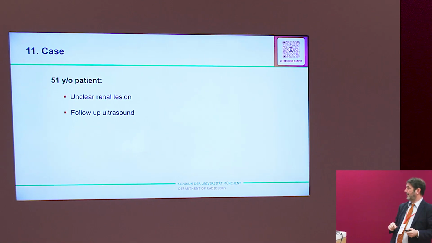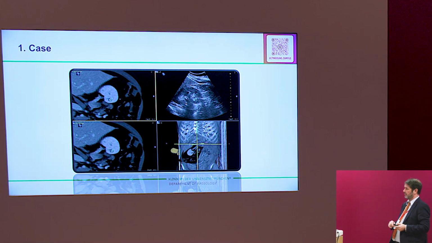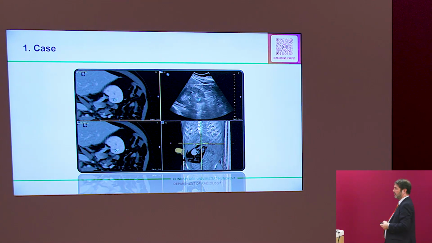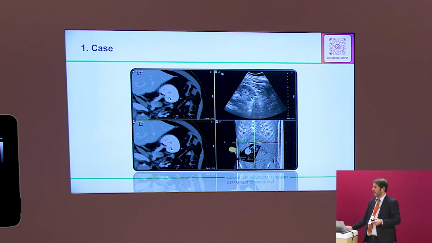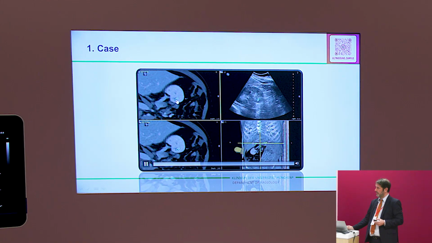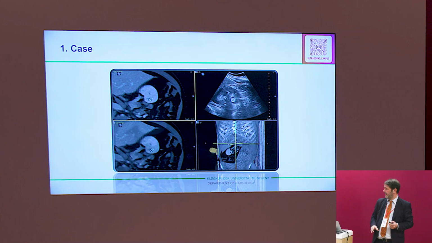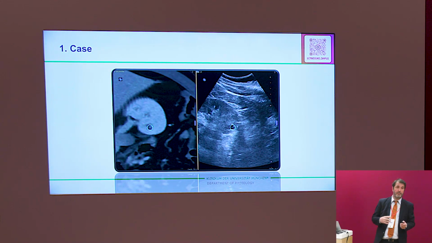A patient with an unclear renal lesion comes to the follow-up examination. You see there's a very tiny lesion detected in CT, and this marker is transferred to the ultrasound image. There it is. In the next step, we just magnify it.